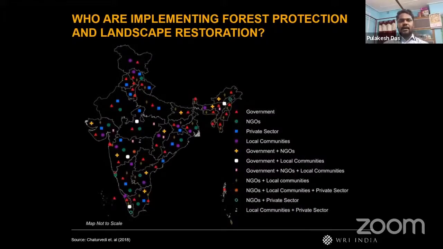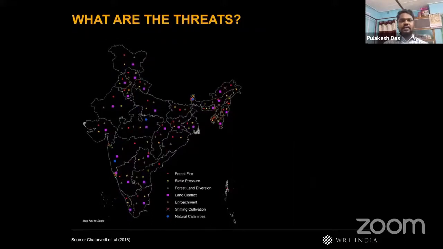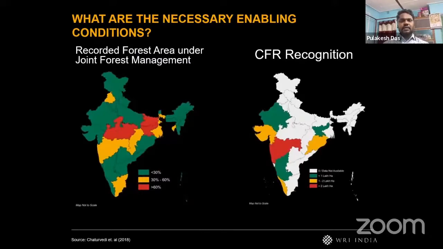These are the key actors who are doing the implementations, and what are the threatening factors in different landscapes. So all these data layers are available in the India Restoration Atlas. One can also check the state level statistics for different data. So I'll skip these slides.